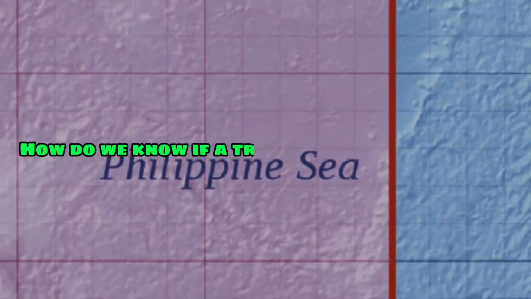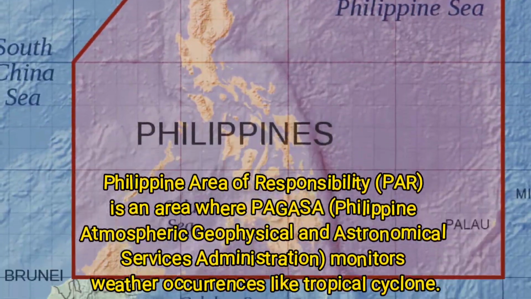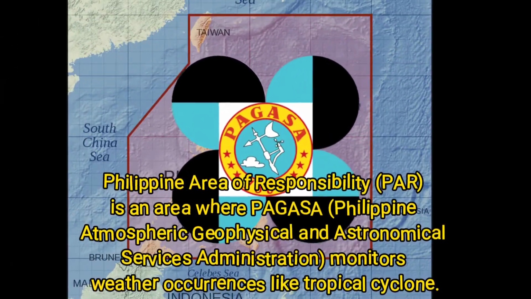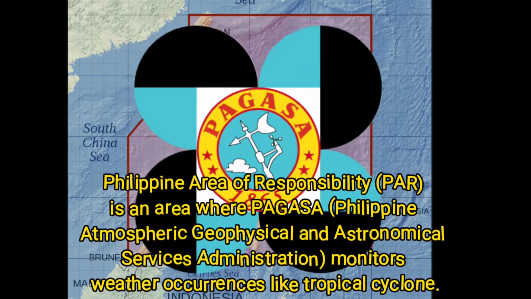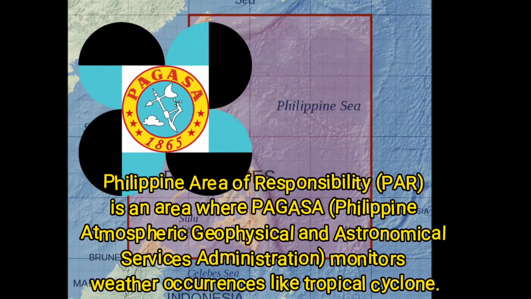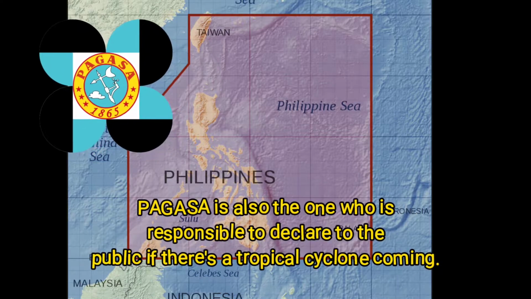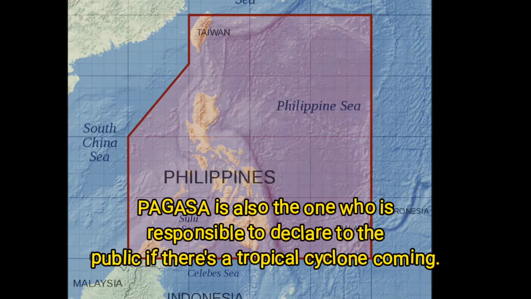How do we know a tropical cyclone is coming? Philippine Area of Responsibility or PAR is an area where PAG-ASA, Philippine Atmospheric Geophysical Astronomical Services Administration, monitors weather occurrences like tropical cyclones. PAG-ASA is also the one responsible to declare to the public if there is a tropical cyclone coming.